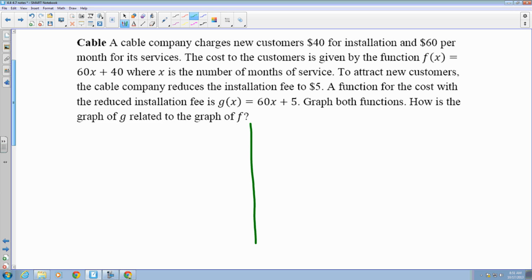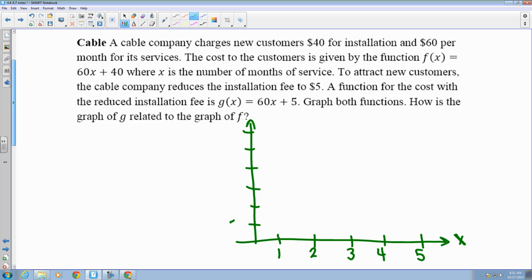Okay. So we probably want to go by ones on the x-axis. And we'll probably go by 50s up along the y-axis. This is f of x or y.